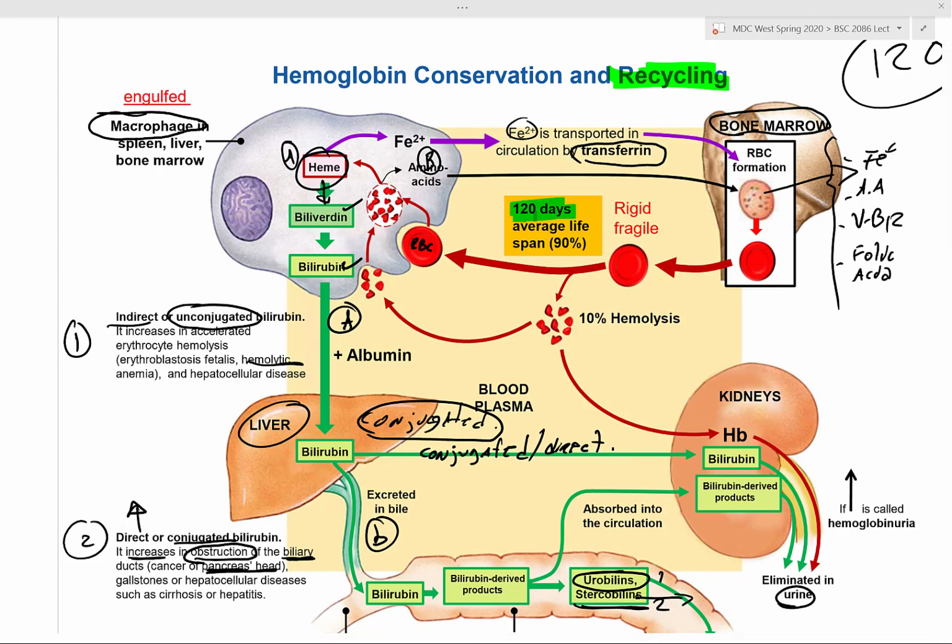A cell membrane. Every single one of us has a skin, kind of like a cell membrane, right? As we get older, what happens to our skin? It gets wrinkly, gets harder, less elastic, correct? The cell membrane of the red blood cell, as it reaches 120 days, is going to get harder and less elastic.